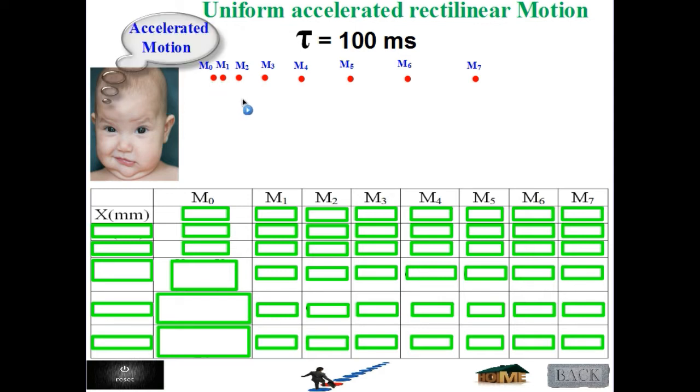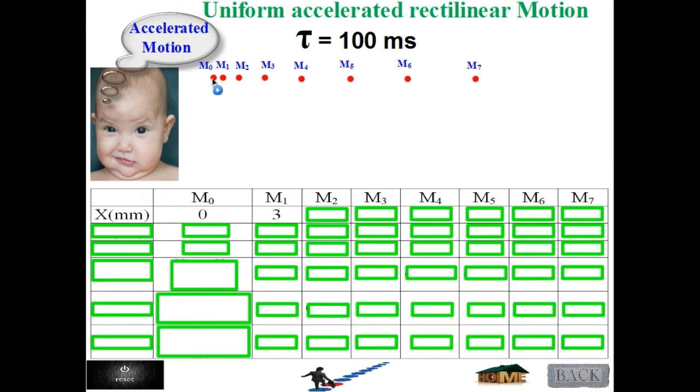For the position of each trace, we will take O at M0 as the origin, then x0 is 0, and M1 is 3 millimeter. We are measuring them with a ruler.